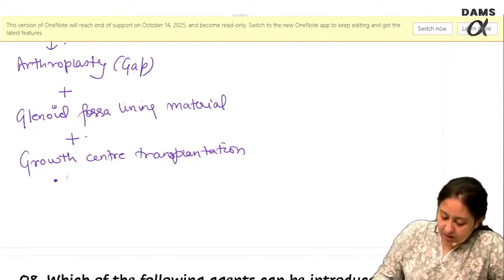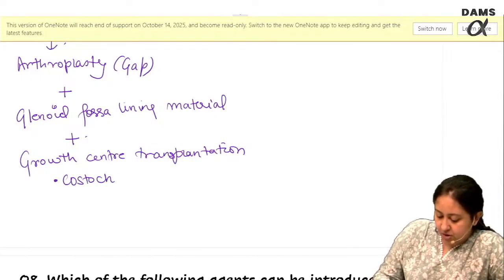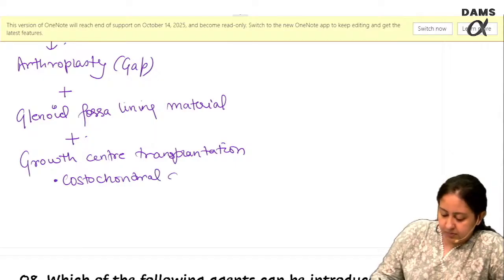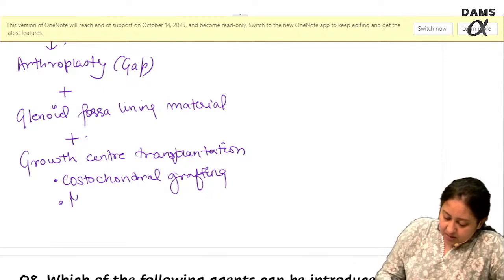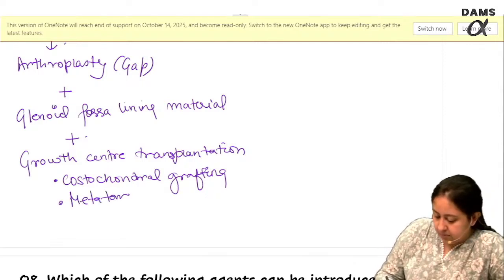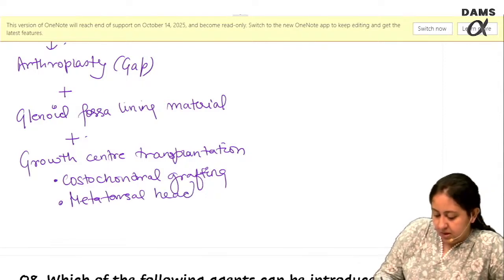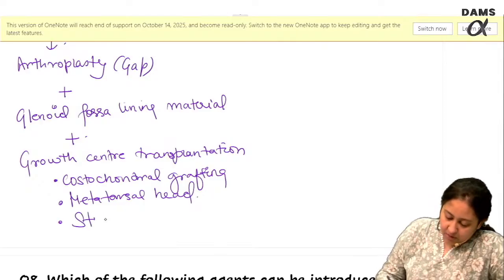Now, growth centers are costochondral grafting, metatarsal head, and sternoclavicular joint.